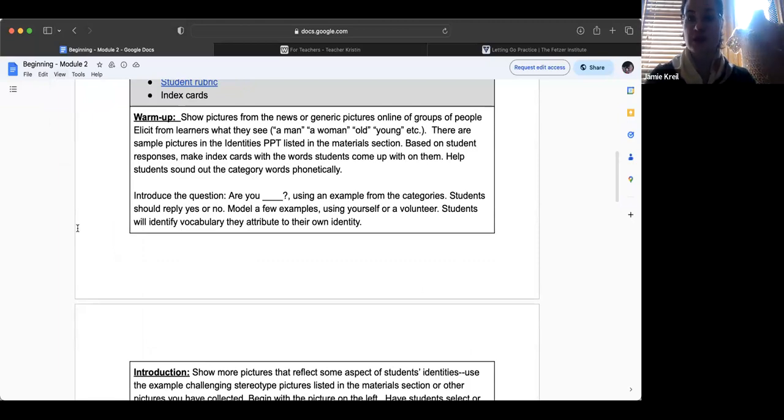It's going to lead into a sorting activity, which we discussed previously as one of our critical thinking activities, which is pretty typical at a beginning level. So based on student responses, we make those index cards, and then we introduce the question, are you? And then it would be a simple reply of yes or no, model a few of those examples. And then they will identify the vocabulary they attribute to their own identity. Okay, so that's the warm-up.